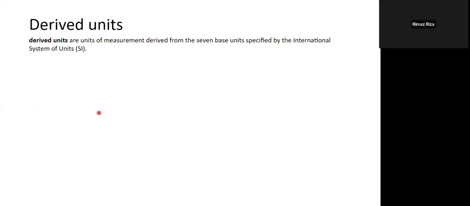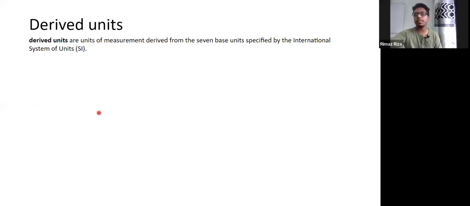So derived units, as I told you: area is meter squared or square meter. Likewise, volume is meter cubed. Volume is length into breadth into height, so meter into meter into meter, meter cubed, or cubic meter.